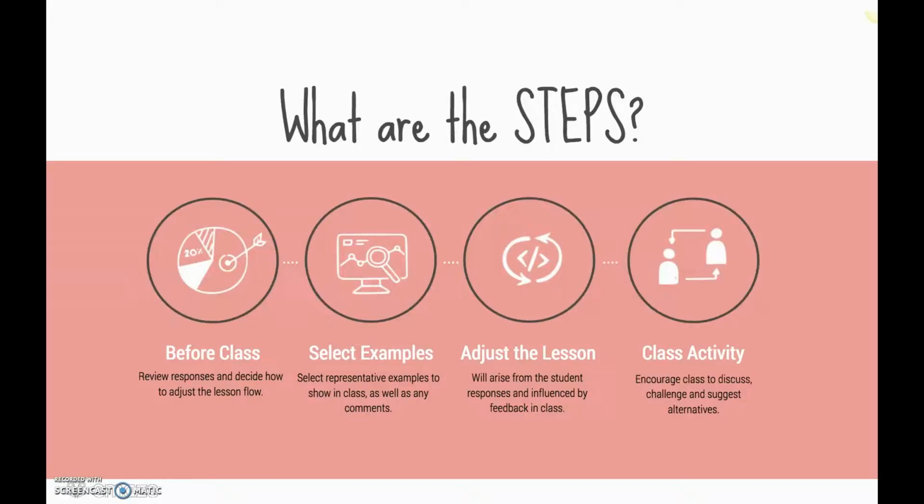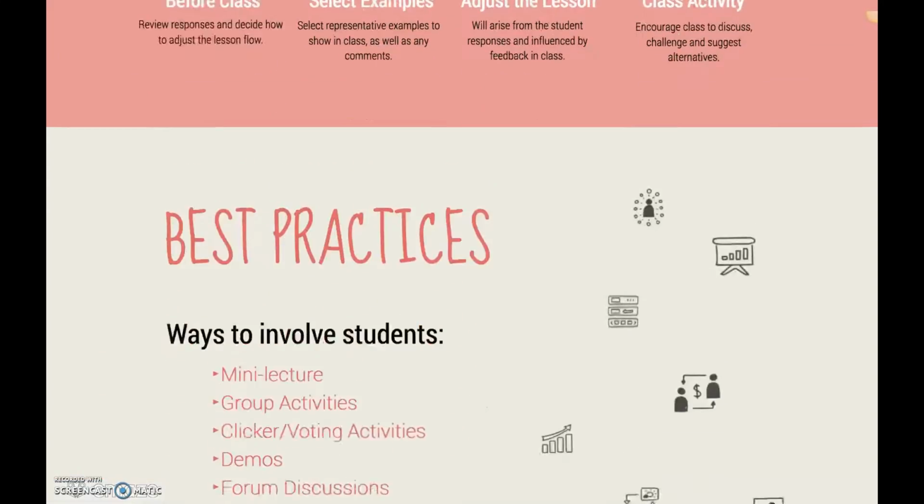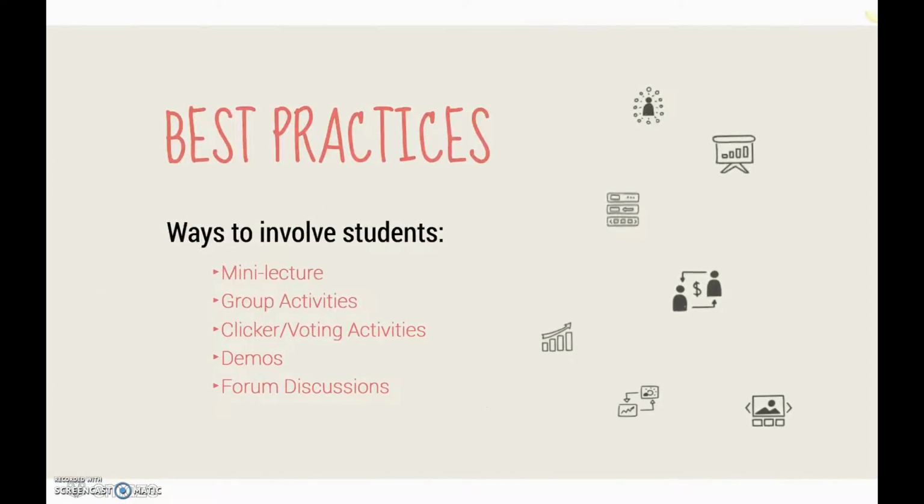The course content is enriched because the wording actually comes from the live class, which makes the lesson fresh and interesting to the students. There are a variety of ways to involve the students in discussing the issues raised in the pre-class assignment. Mini lectures, group activities, clicker voting activities, demonstrations, or forum discussions if you're teaching an online course.